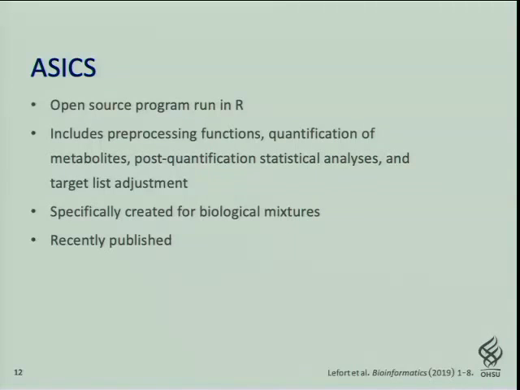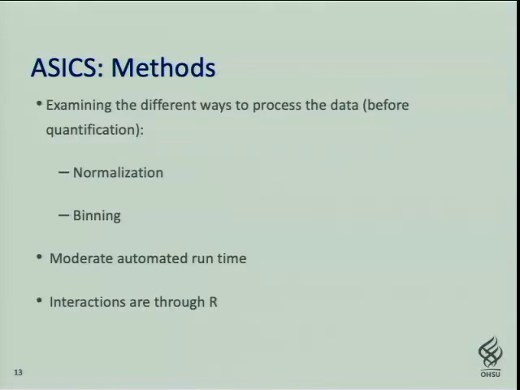This program does include pre-processing functions, unlike Batman, and then it does have a quantification of metabolites, of course, post-quantification analyses, and target list adjustment. And this one was specifically created for biological mixtures. So with Asics, I really wanted to look at the pre-processing functions because it was unique to this program.